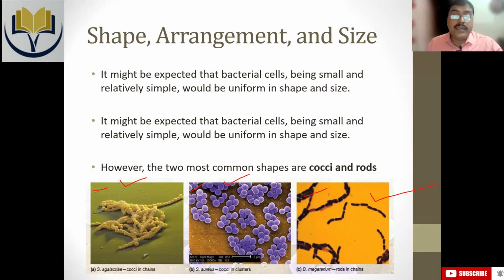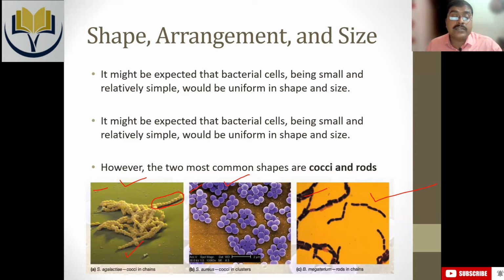In the first slide is the Staphylococcus bacteria, which is present in a chain formation structure. So this is a coccus bacteria. Mainly, bacteria are very small. They are single-celled organisms. They have a uniform shape and size, and their shape and size doesn't vary within the species.